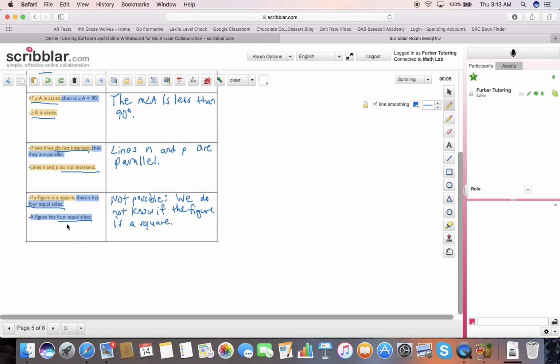We just don't know because it didn't tell us. It gave us the same conclusion, but we don't know what the original hypothesis was. We can't logically draw a conclusion from a conclusion. We can only draw a conclusion from a hypothesis.